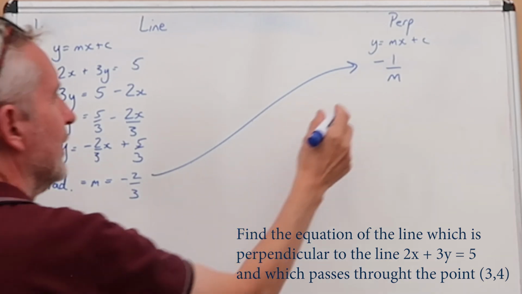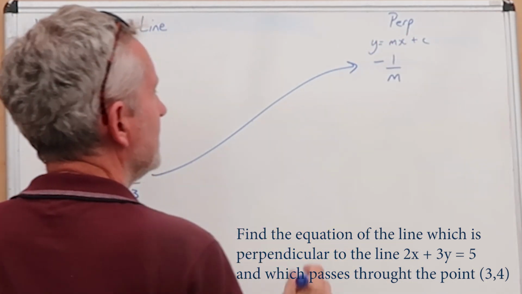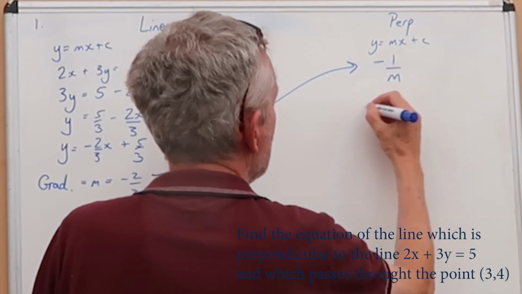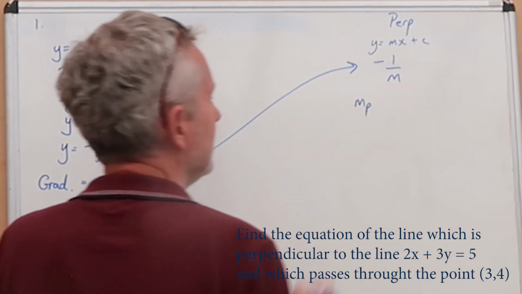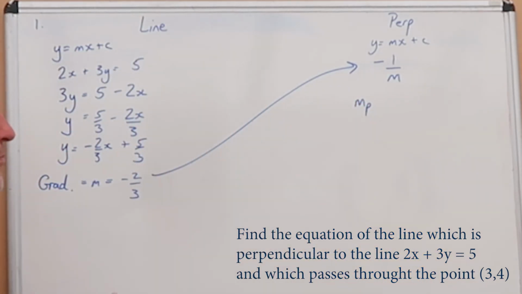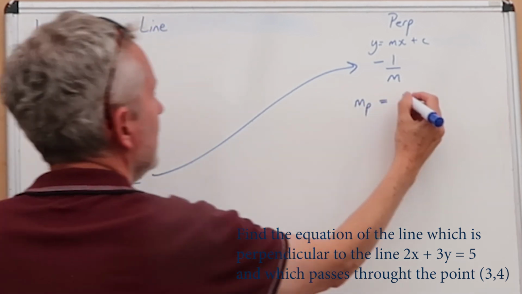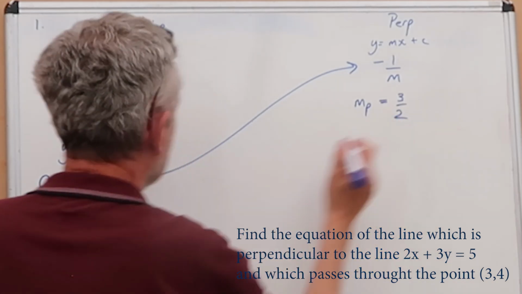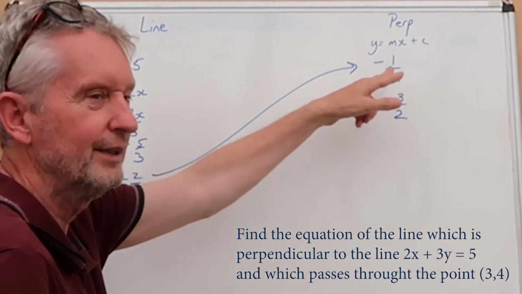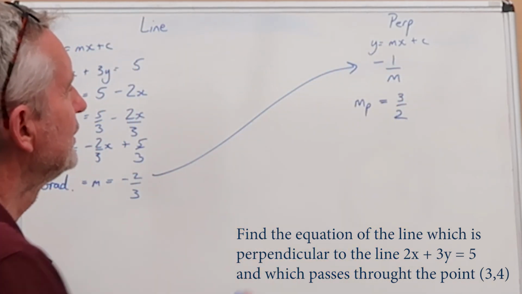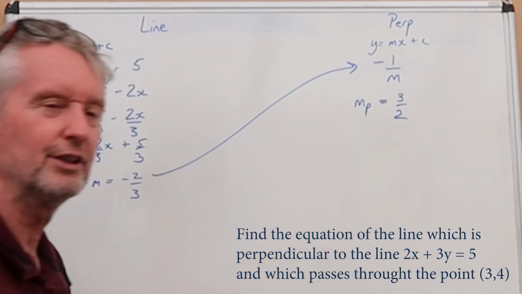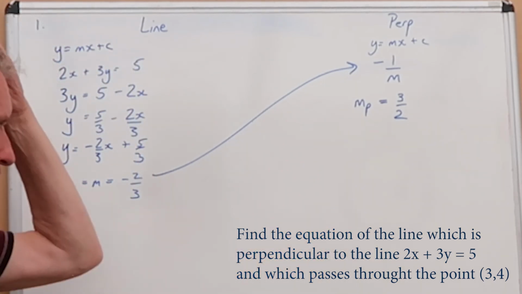So the new gradient, we'll call it mP so that we don't get confused with this m, is going to be 3 over 2. The negative of a negative is a positive, so the gradient of the perpendicular is going to be 3 over 2.